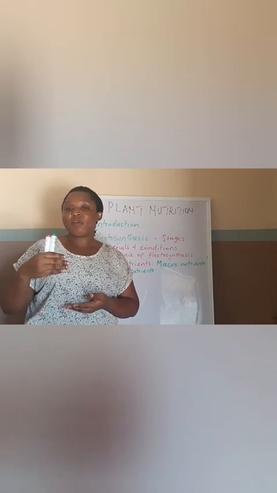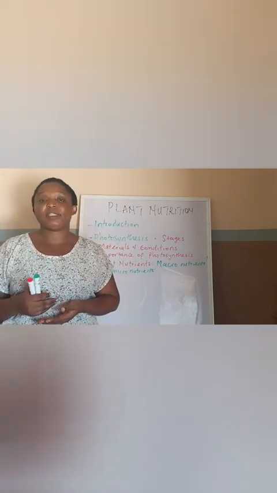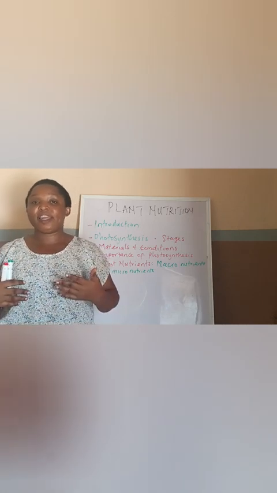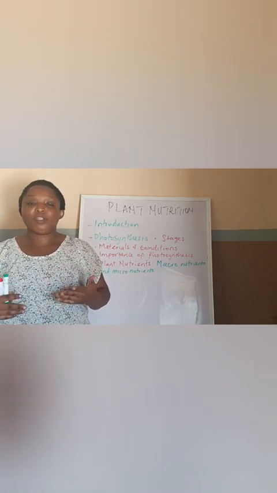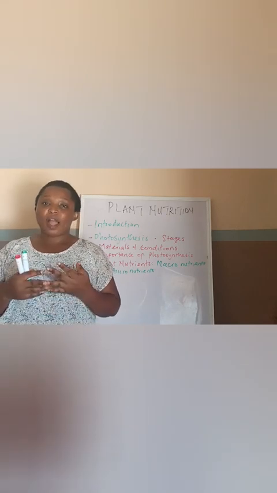So they rely on food that is produced by autotrophs. So autotrophs are green plants. They use this food, and they get energy and different nutrients that are needed to carry out their body metabolism. So it serves as a means of production of food for animals.